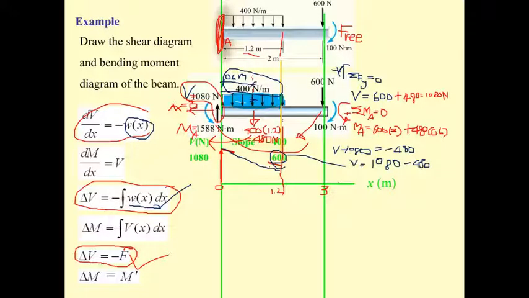So we have the constant slope of negative 400, and the value there is 600.